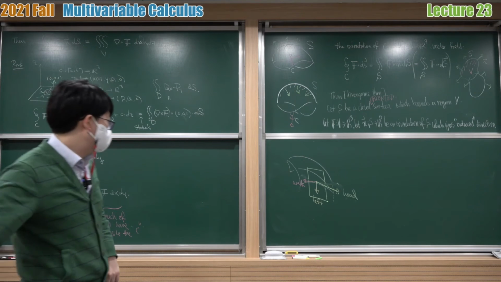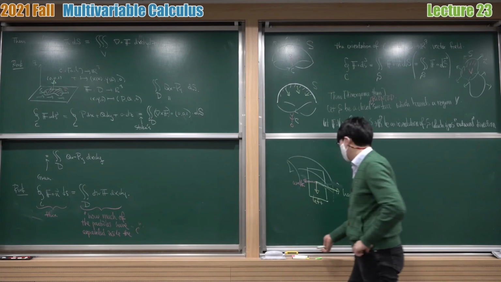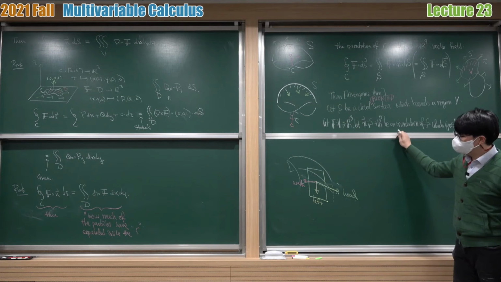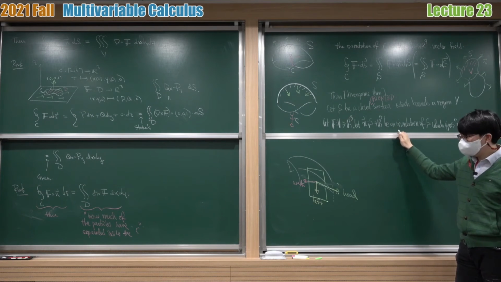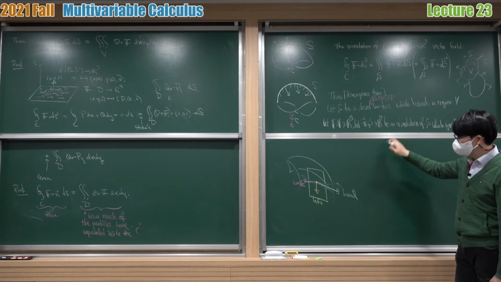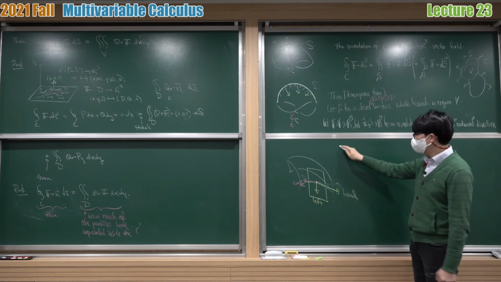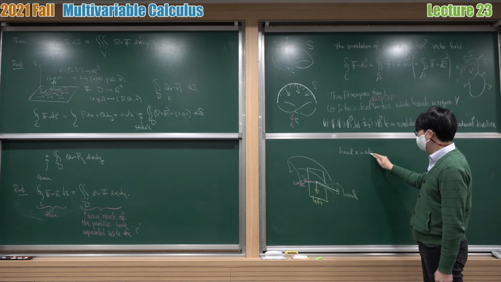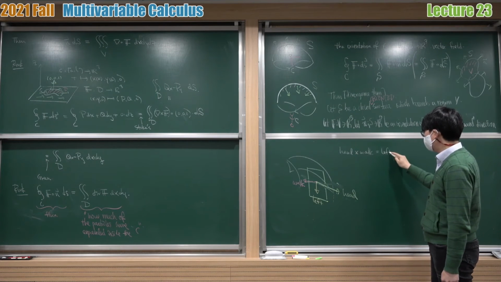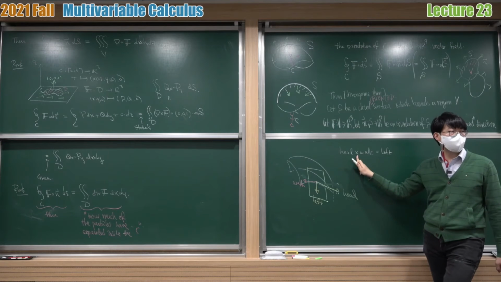I never tried this one in the formula, but maybe if you want to use the right-hand rule, let's see, your left arm direction must be head and walk, in that order. So head cross walk equals left. So this is the cross product, right?